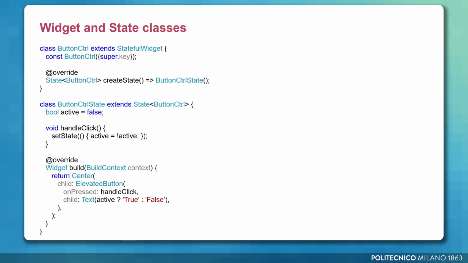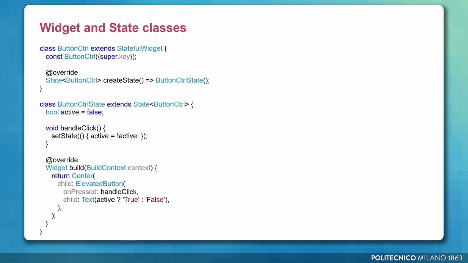The label is chosen using Dart's conditional expression, showing true if active is true or false otherwise. The handleClick method takes no arguments and returns void. Its role is to update the value of active.